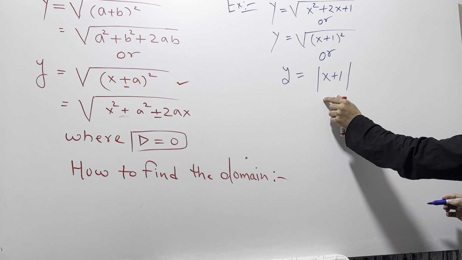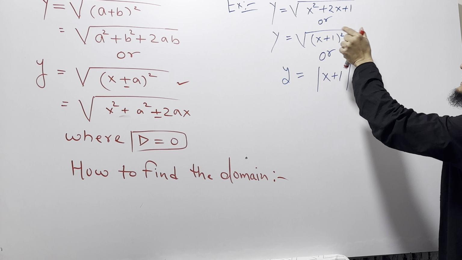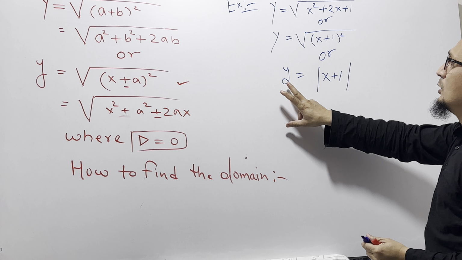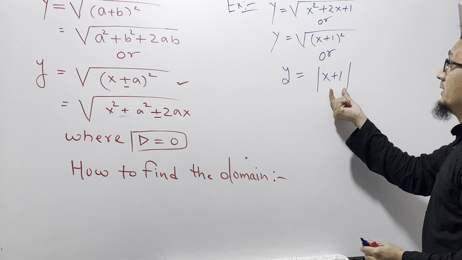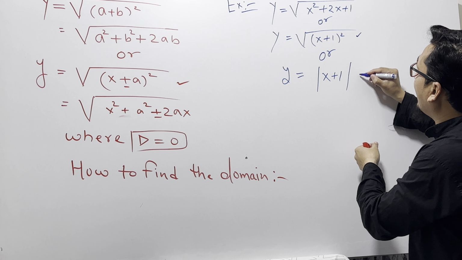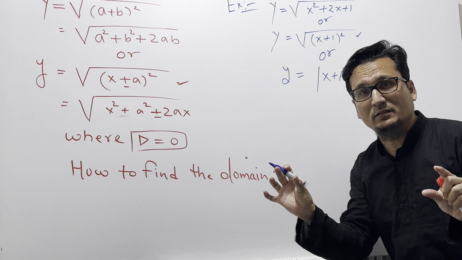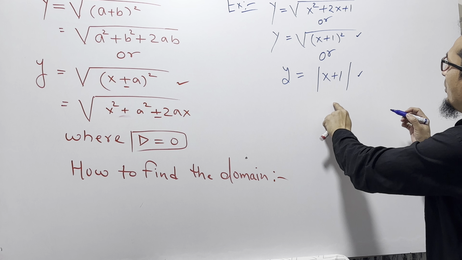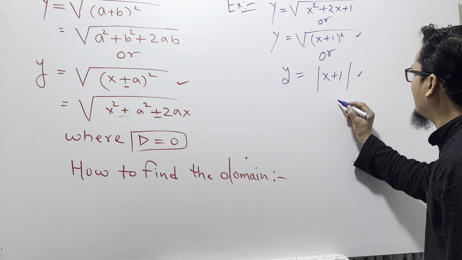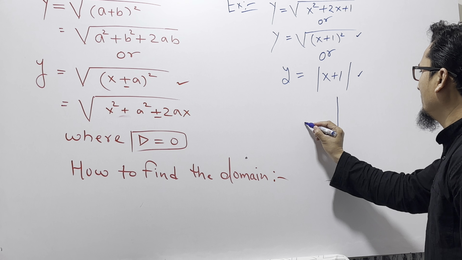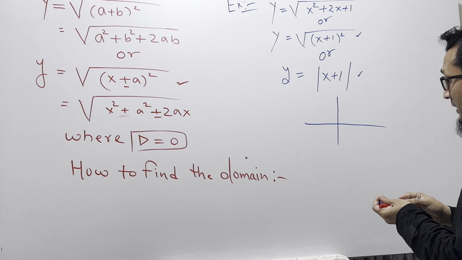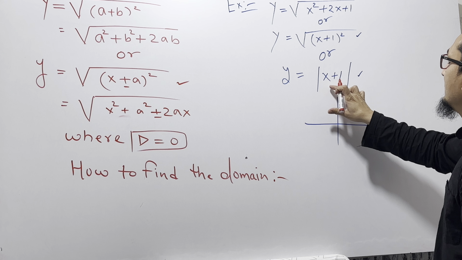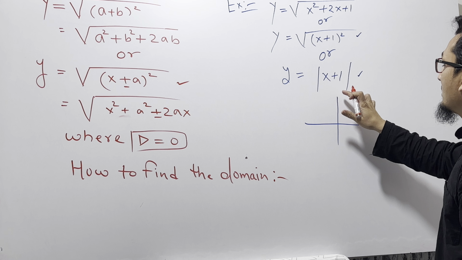Always. Whenever you have something written in the form of a square under root, that equation can be written as y is equal to modulus of x plus 1. So the graph of this one and this one are identical, right? I told you in my previous lecture that the graph of the modulus function is V-shaped.